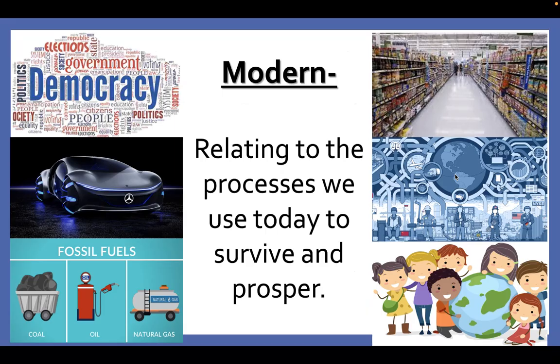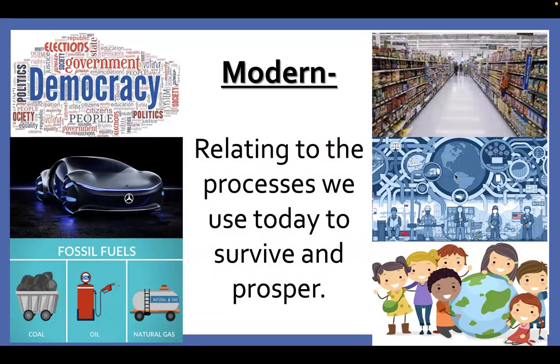So when we talk about modern, we're really saying that these are things that relate to today. So when we put it in the context of history, the modern processes that we use today, and remember, processes are the pieces, okay?